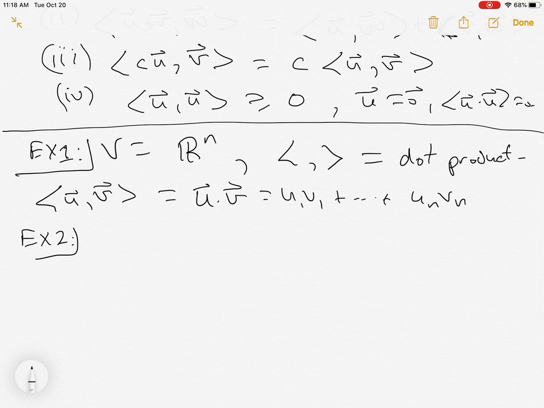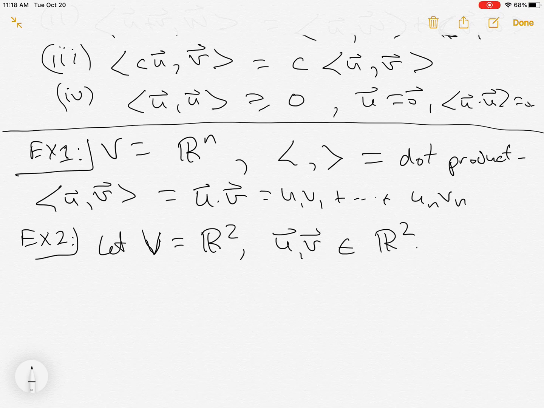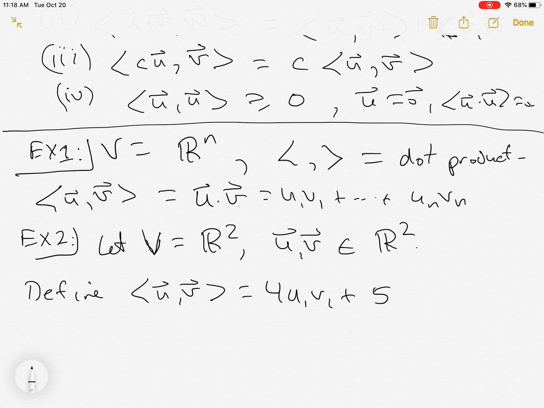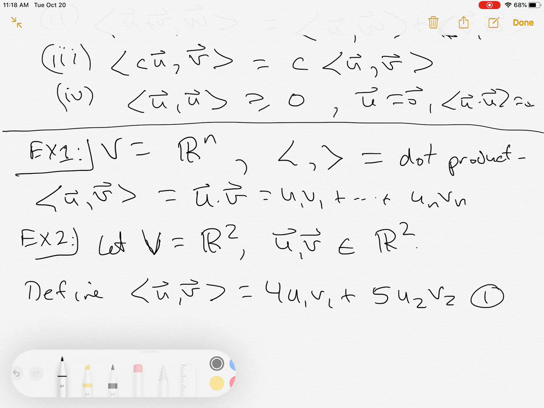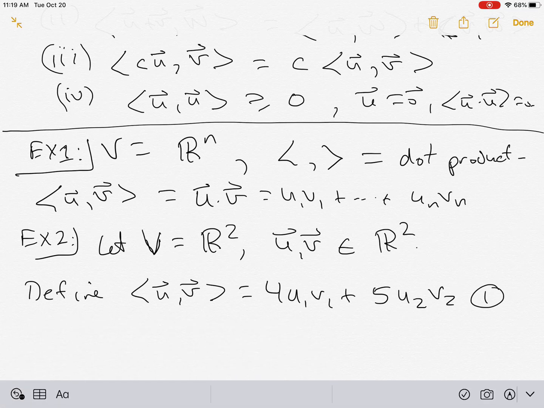So we're going to work on R2. We're going to let V equal R2 and let u and v be vectors in R2. We're going to define the inner product of u and v by this equation.